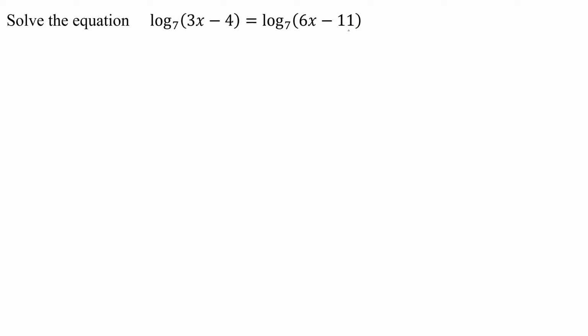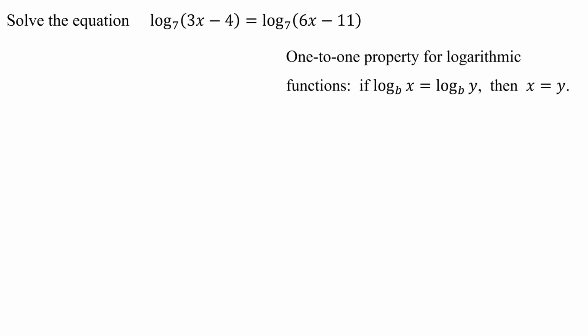And in that case, we solve them using the one-to-one property for logarithmic functions that says if log to the base b of x equals log to the base b of y, then x equals y.